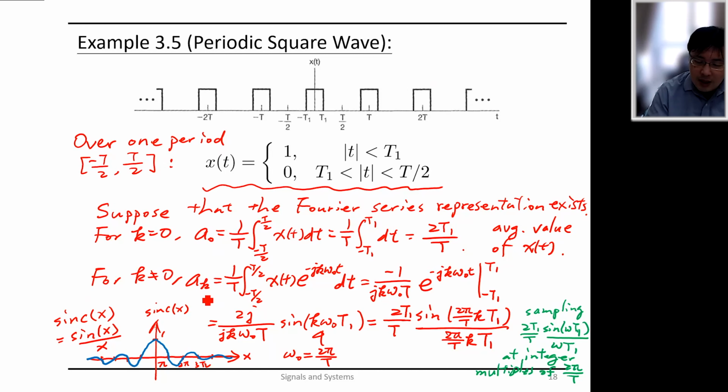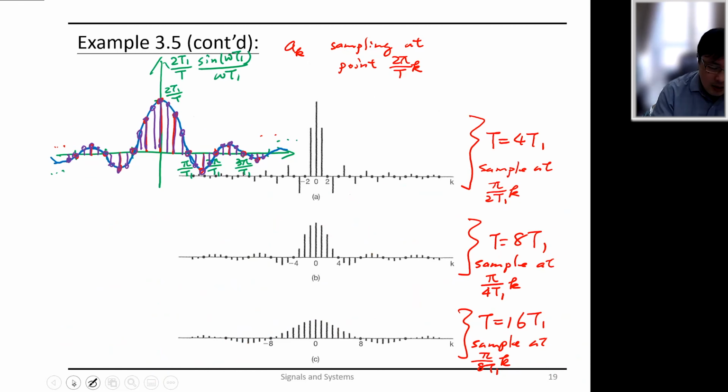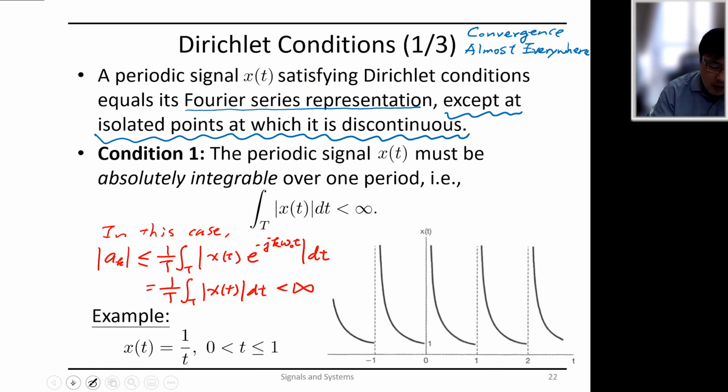And ak is just 1 over k pi times sine of 2 pi over capital T k t1. Since t1 is 1 and capital T is 4, 2 pi over capital T is again pi over 2. So substituting these parameters inside, I can get a0 and ak.